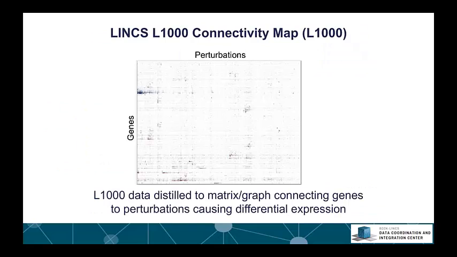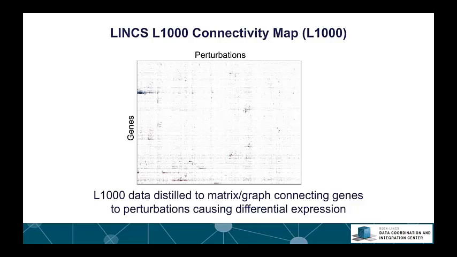This slide shows the end result of performing differential expression analysis on the LINCS L1000 data. Each column in this matrix corresponds to a signature of differentially expressed genes for a single small molecule perturbation. Red regions of the heat map indicate genes that are significantly upregulated following a perturbation, and blue regions of the heat map indicate genes that are significantly downregulated.